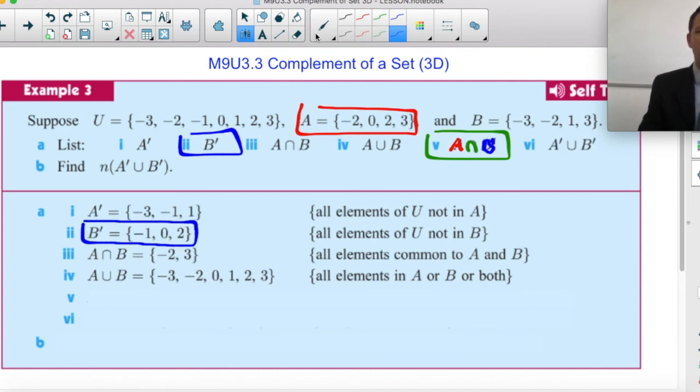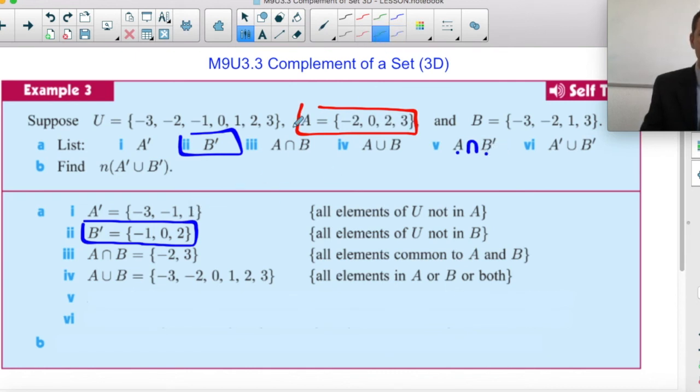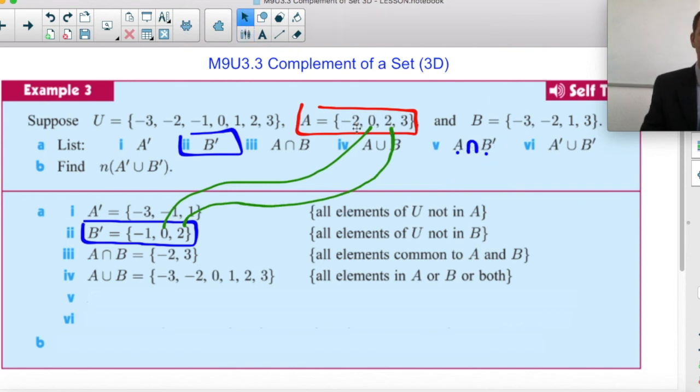Right? So in this, I want the overlap of A and not B. So what they have in common. So what they have in common is a 0 and a 2. That's the overlap. So I think A and not B is the overlap of those two.